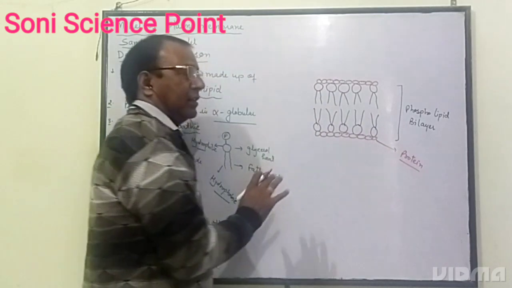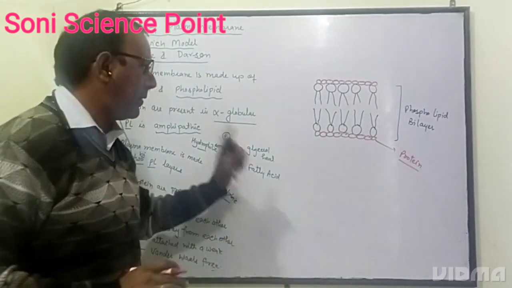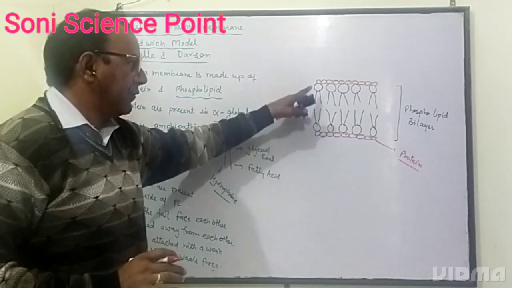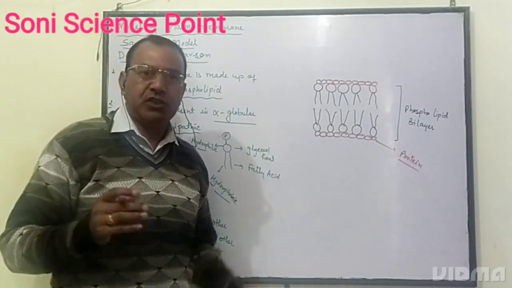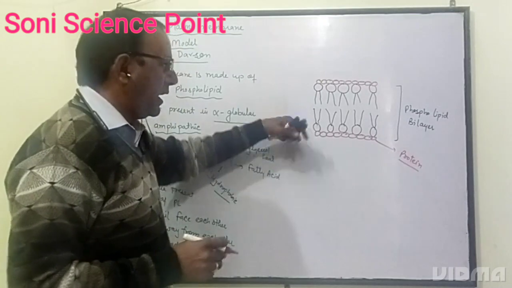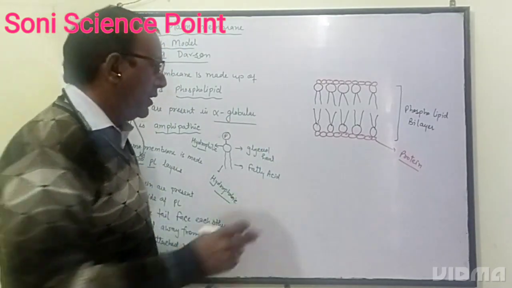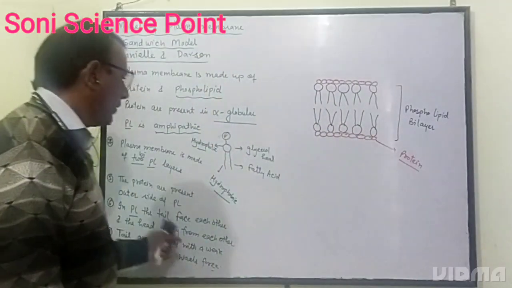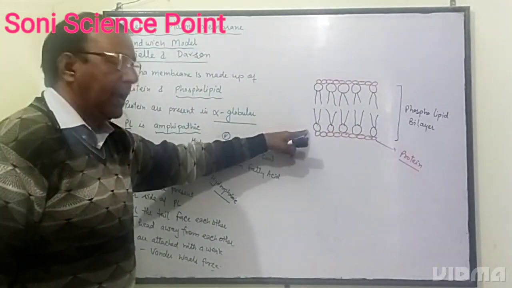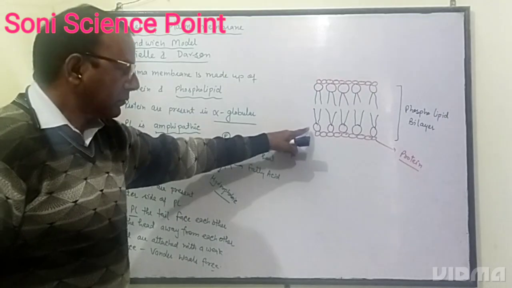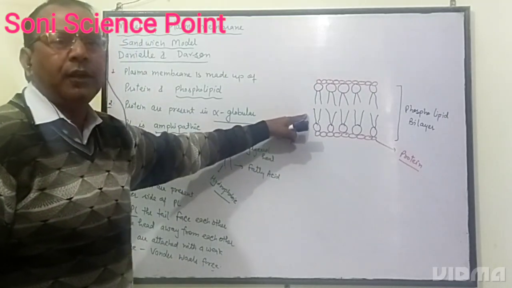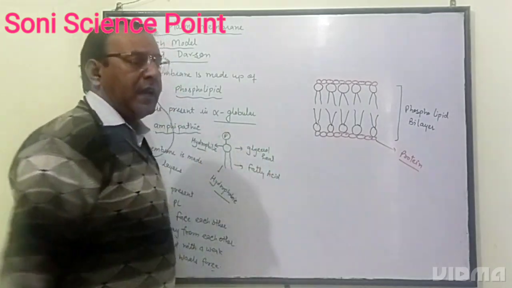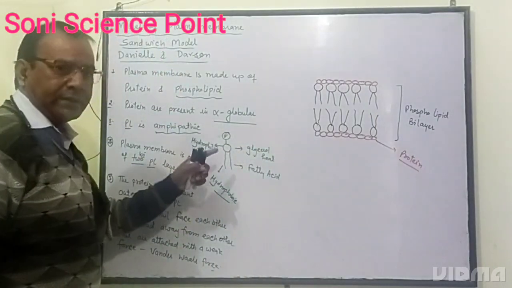They showed proteins in globular forms outside the phospholipid bilayer, in which the tails face each other and the heads are opposite. The tails are attached with a weak force called van der Waals force. The head acts as hydrophilic, reactive with water, and the tail is hydrophobic, which doesn't react with water. So the phospholipid acts as amphipathic.